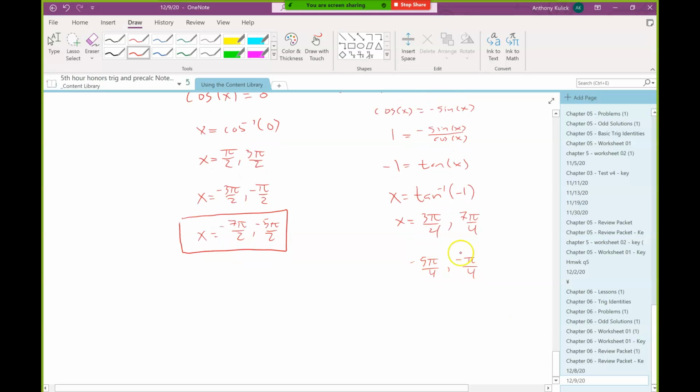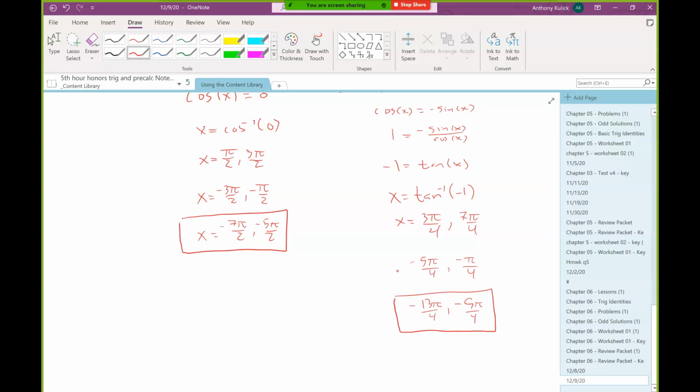Again, still too big, so we'll just do it again. So this is negative 3.25 pi, and then this is negative 2.25 pi. So those are both in between negative 2 pi and negative 4 pi. So those are my answers.